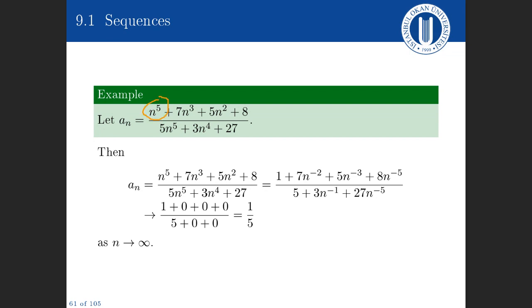I want to divide the top and the bottom by n to the power 5. n to the power 5 divided by n to the power 5 gives 1. 7n cubed divided by n to the power 5 is 7n to the power minus 2, and so on. Then we can take the limit of each one of these component terms: 1 plus 0 plus 0 plus 0, divided by 5 plus 0 plus 0, or 1/5.